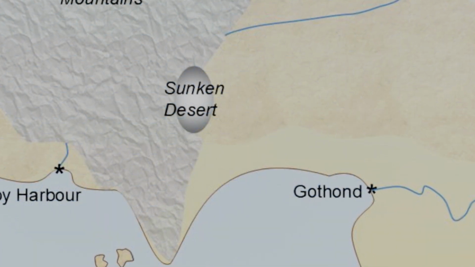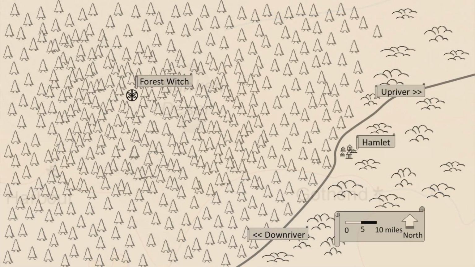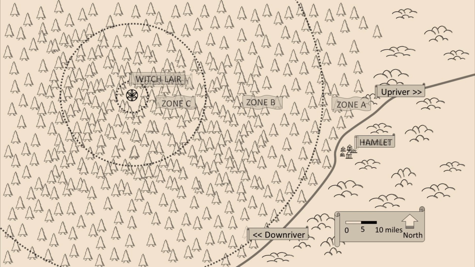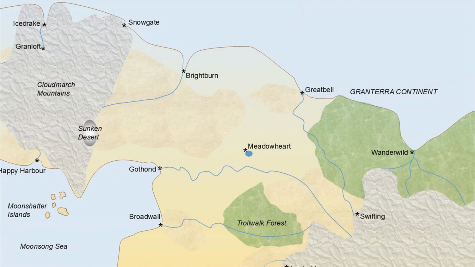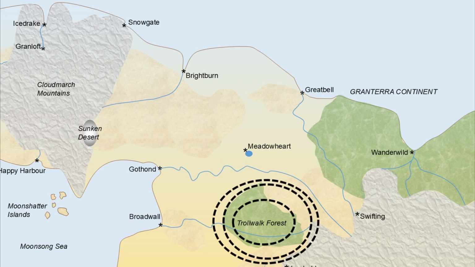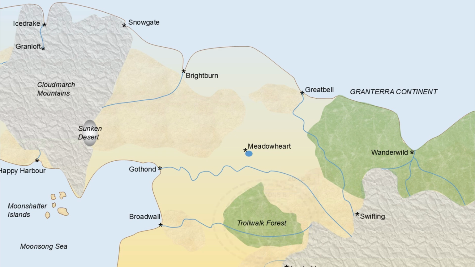In some of my other videos, you may have seen examples of maps with exploration zones. Usually, these zones are configured as concentric rings around a primary goal. Sometimes they are organized as a chain or other arrangement of circles, ovals, or other shapes.